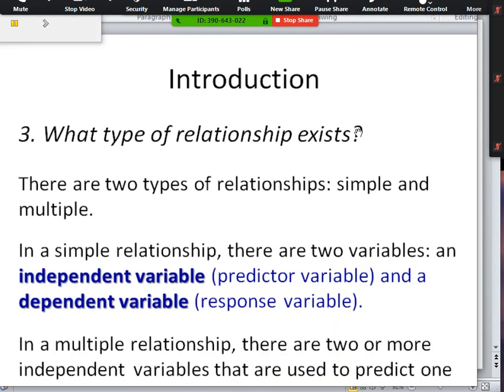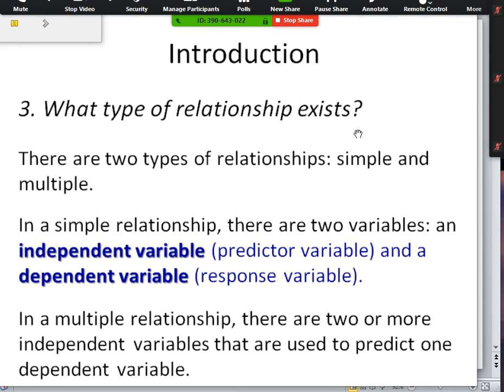What type of relationship exists? There are 2 types of relationships, simple and multiple. In a simple relationship, there are 2 variables, an independent variable, a predictor variable, and a dependent variable, a response variable.